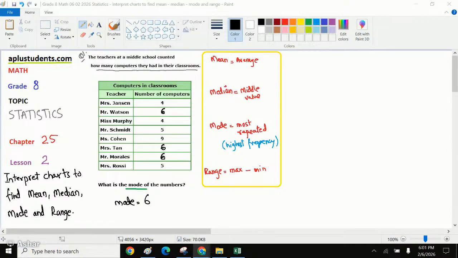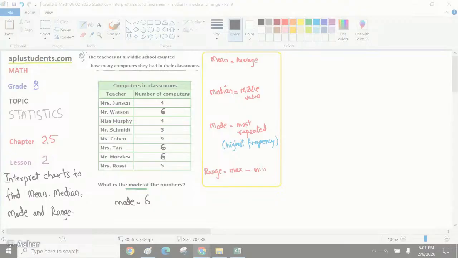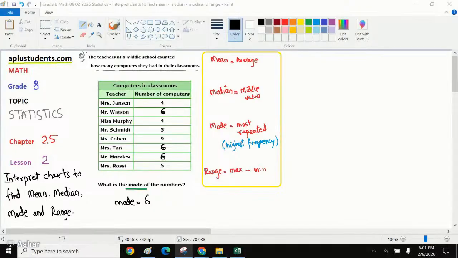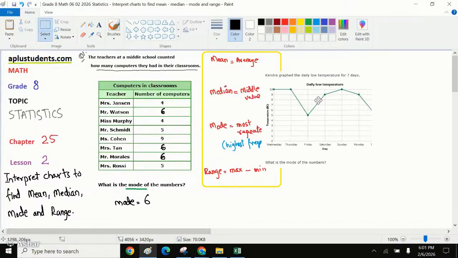for the next question, let's see. If a line graph is given to us, and they're asking us to find the mode for a different type of graph.